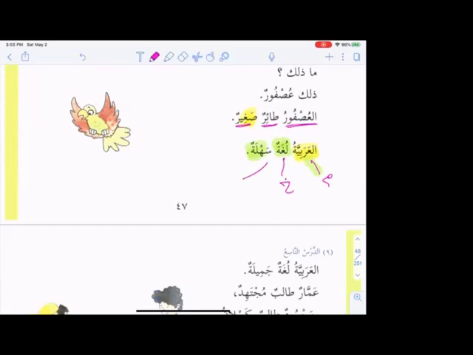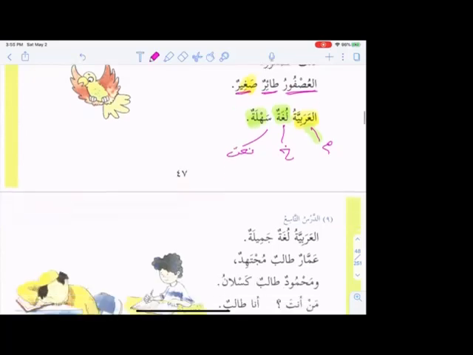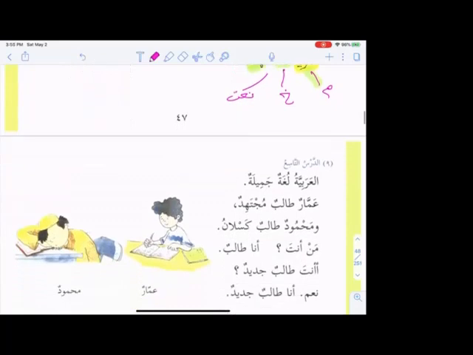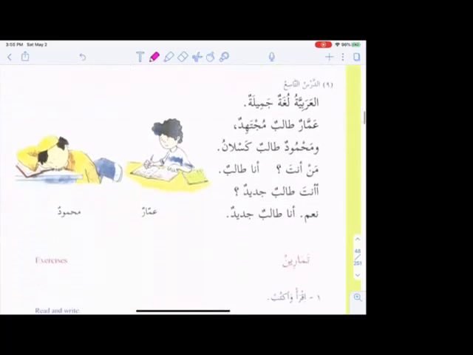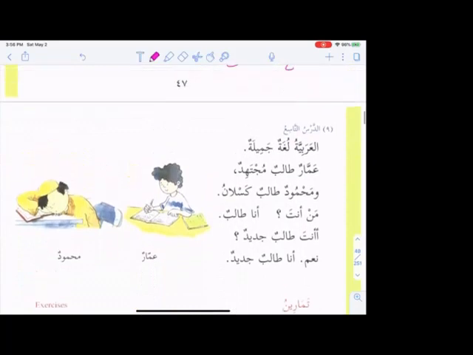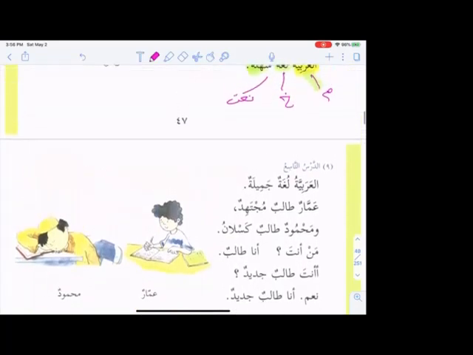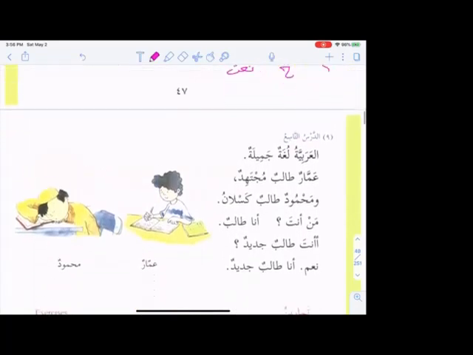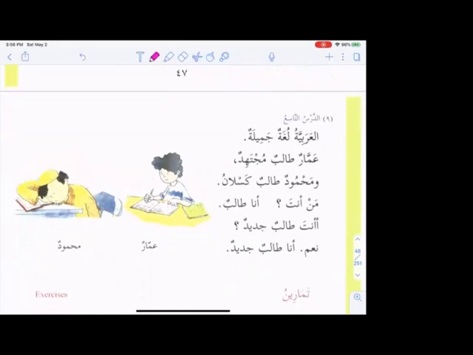The Arabic language is an easy language. This is your naat. Who's naat? Lugatun. Fine. Oh, there's still more on here. Yes. But we are going to do this again in much more detail than I'm doing now.